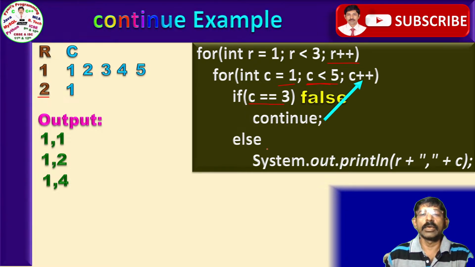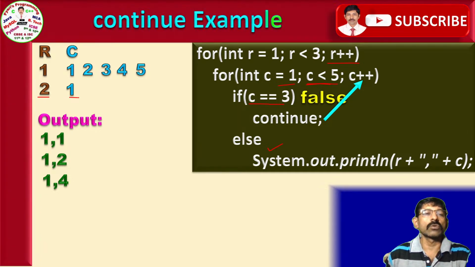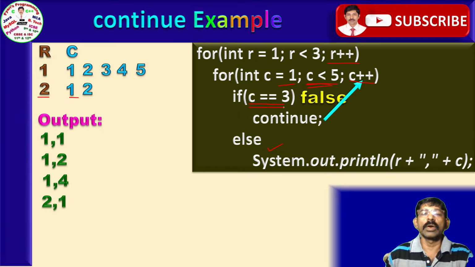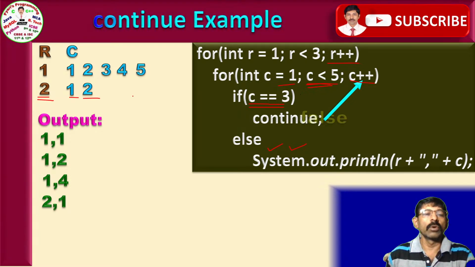So display R is 2, C is 1. So display 2, 1. Next time C++, C will become 2, 2 less than 5 condition true. 2 is equal to 3 condition false. So that's why display 2, 2.